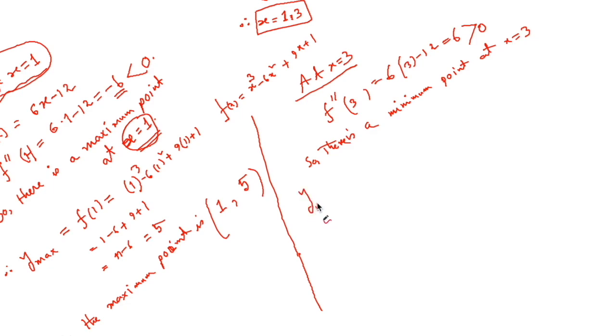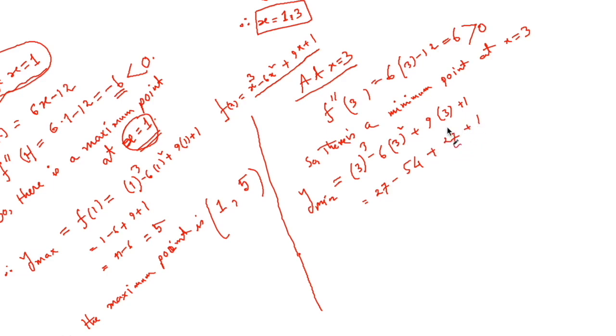Yes, sir. Then find y min, meaning minimum y. You need to put 3 in this function: 3 cube minus 6 into 3 square plus 9 into 3 plus 1. So what will it be here? 27 minus 54 plus 27 plus 1.